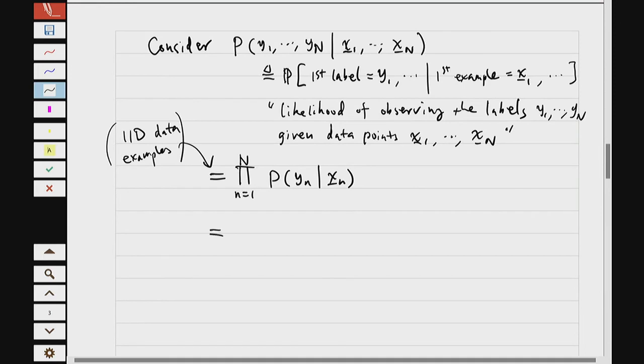Now, of course, inside this product, I can rewrite the probability by our hypothesis. We guess that it is generated by this probability, which is determined by the W that we choose, right? That's our hypothesis.